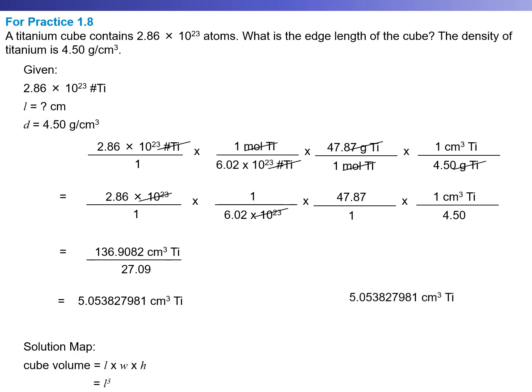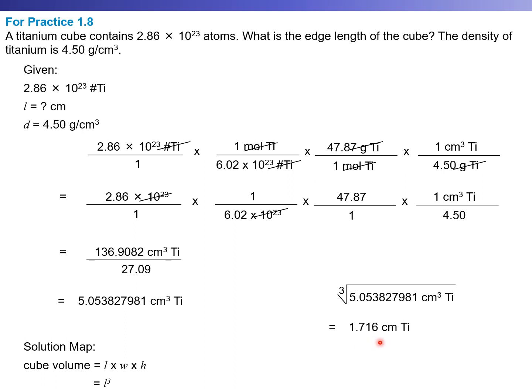So we're going to take our value that we just came up with, and we're going to put it under the cube root sign and perform that mathematical function. And we end up with 1.716 centimeters. Not really of titanium, but of our titanium cube.